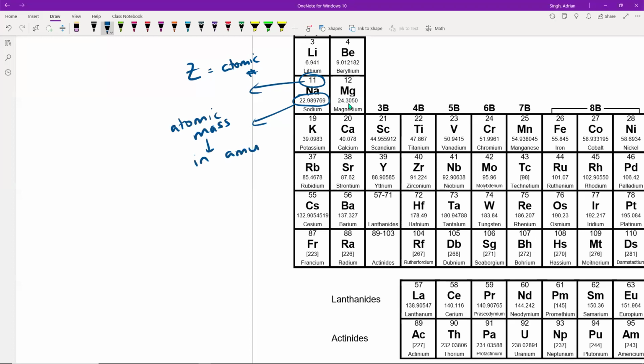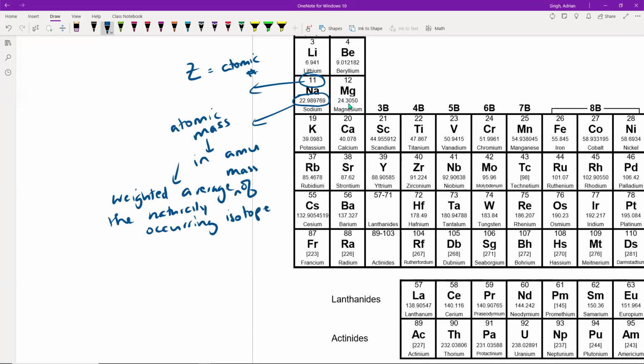What this is saying is that if I consider all of the naturally occurring isotopes of that particular element, and most of the elements in the periodic table exist as a mixture of isotopes, this is that atomic mass that we see on the periodic table. That's a weighted average mass of the naturally occurring isotopes of that element.